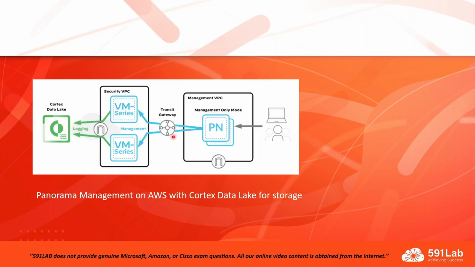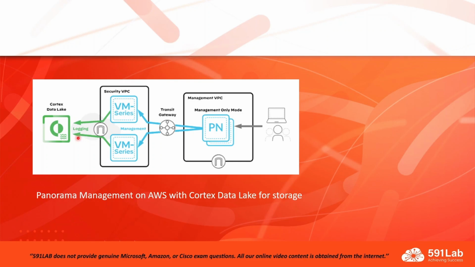The second one is Panorama management on AWS that we deploy on the management VPC, and the Cortex Data Lake that we enable to receive or store the logs from the Palo Alto VM-Series firewall.